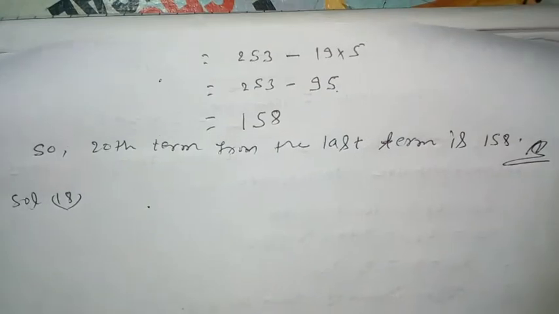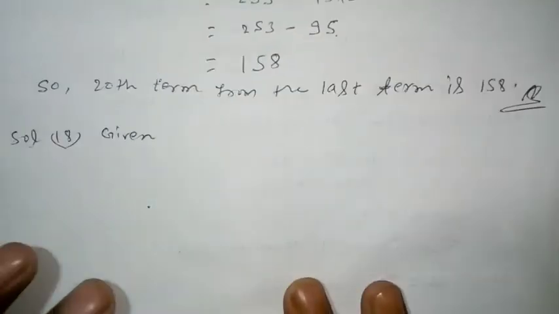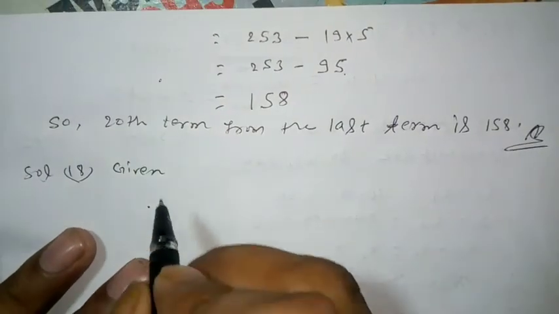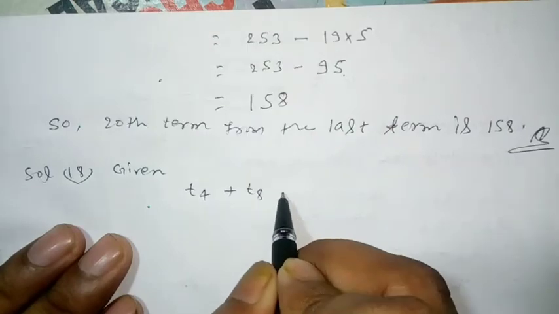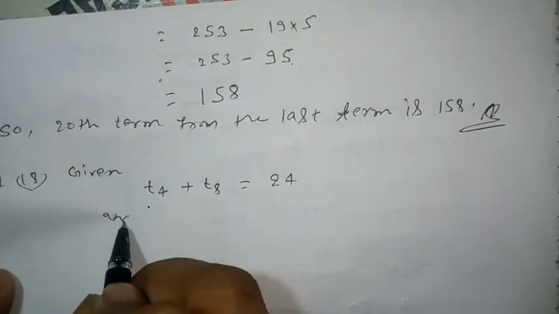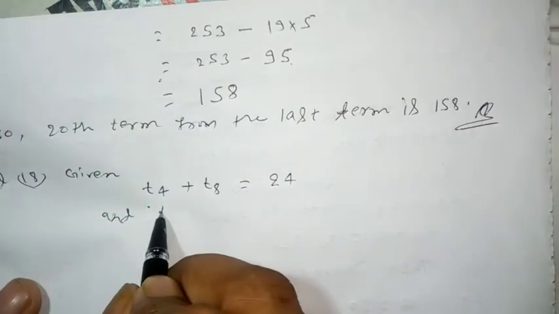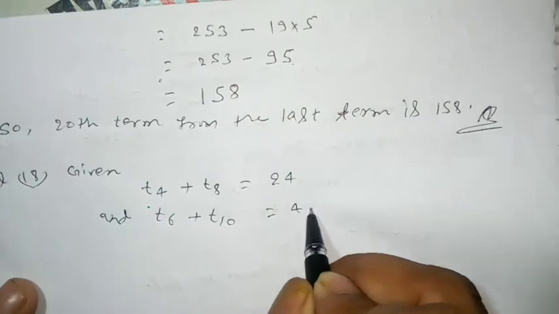Now given T4 plus T8 is equal to 24 and T6 plus T10 is equal to 44.